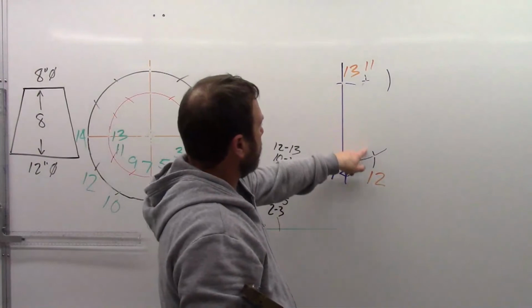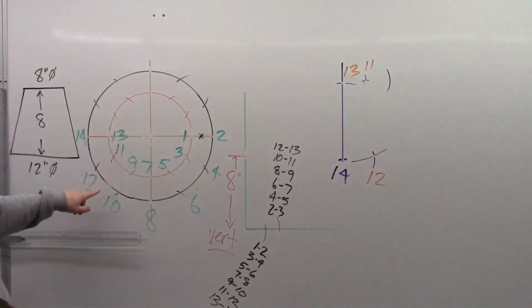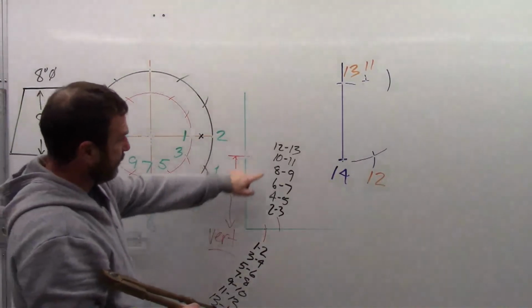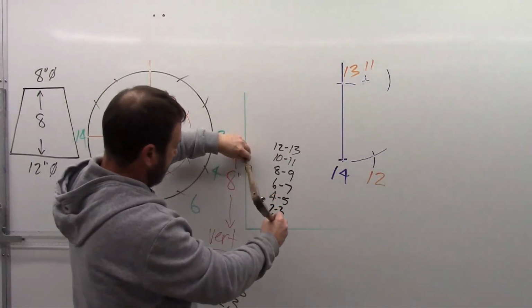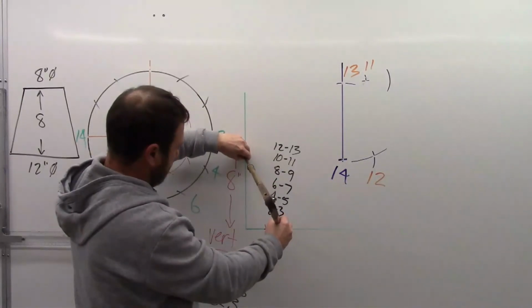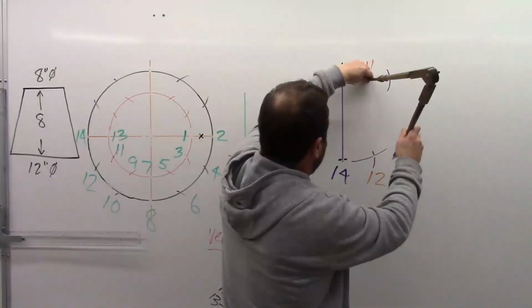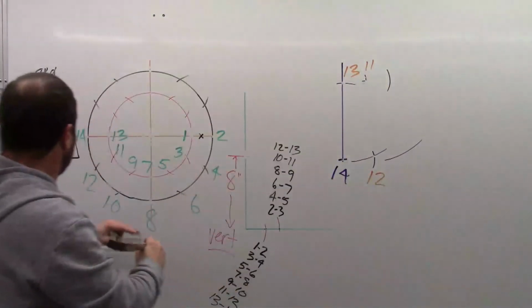14, 13, 12, 11, 10 next. Okay, we're going to come down to 10 here. So 11, 10. True length. And our step off.